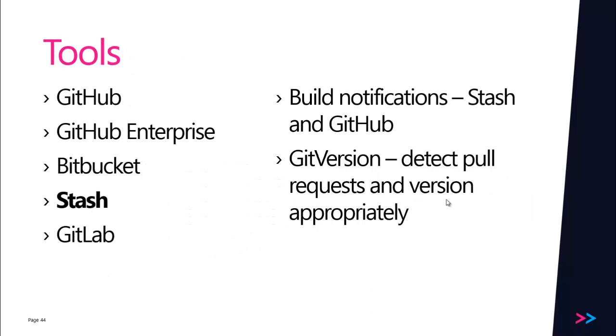In terms of tooling, there's obviously GitHub and GitHub's on-premise version, GitHub Enterprise. But you've also got some Atlassian tooling, Bitbucket, which is their hosted service, and Stash, which is their on-premise one, and GitLab. Now, the ironic thing is, the absolute best of breed that I found is Atlassian's Stash, because it's just awesome.